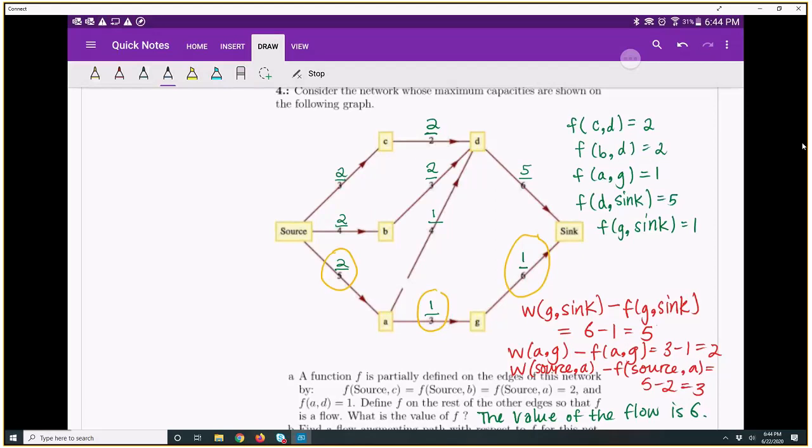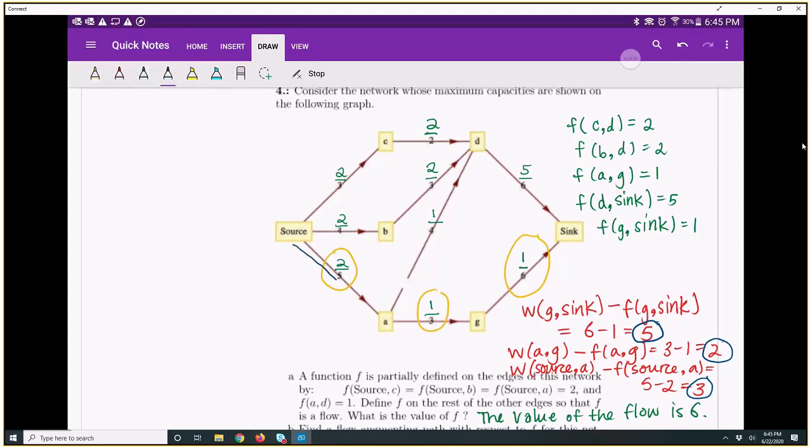So I collect all of these bits of information and I choose the lowest number. The minimum here is 2. So that is how much I can augment the flow by.